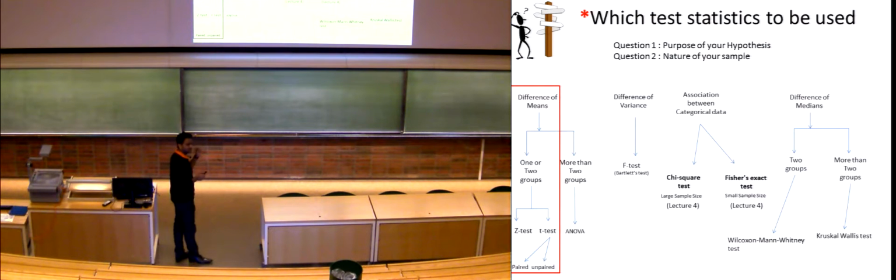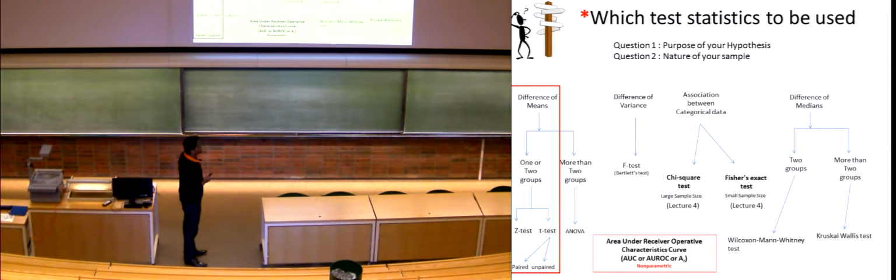In the t-test, we use a paired or unpaired test. But in a similar situation, there is also one more non-parametric evaluation test called the area under the receiver operating characteristic curve, simply called AUC, or AZ with suffix Z.